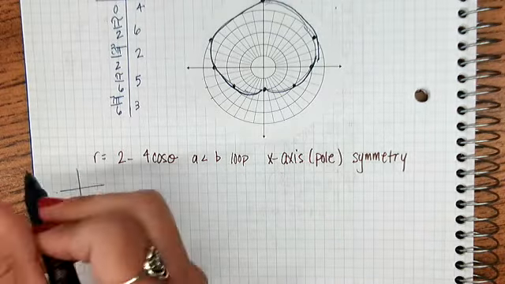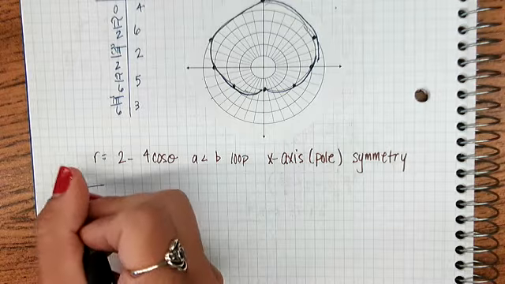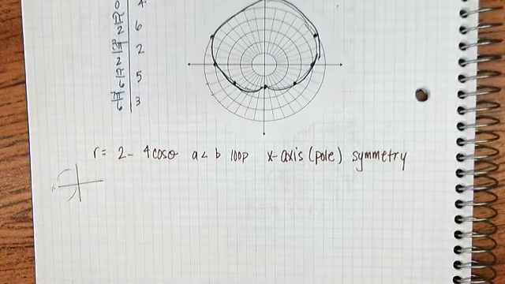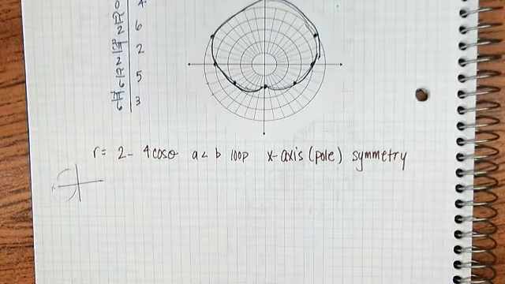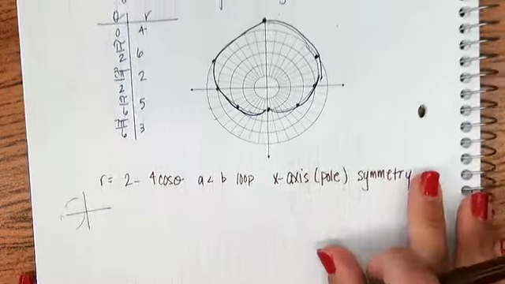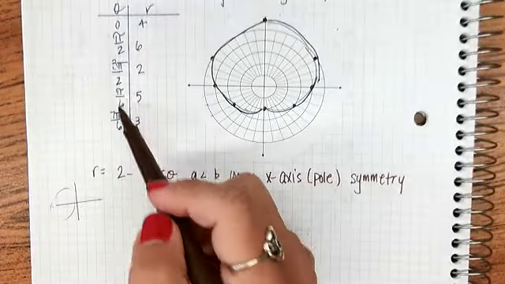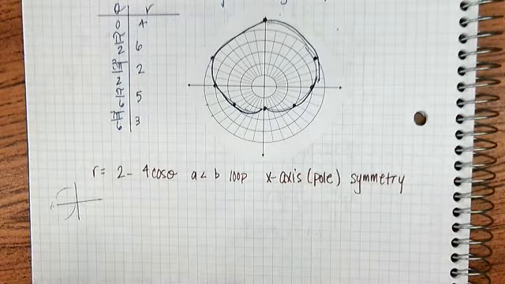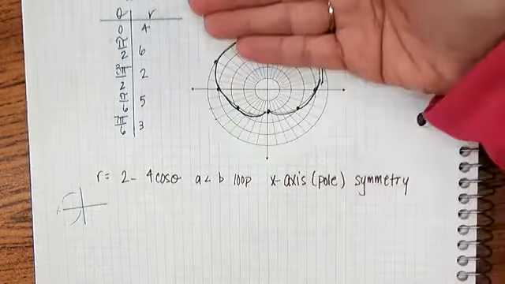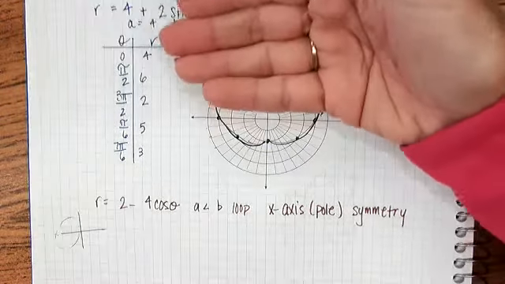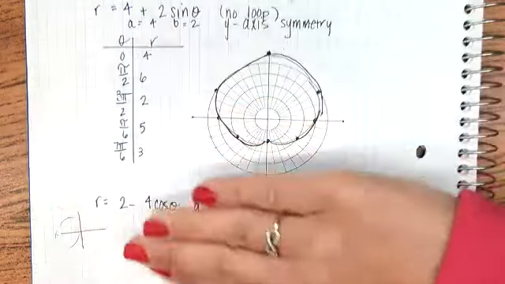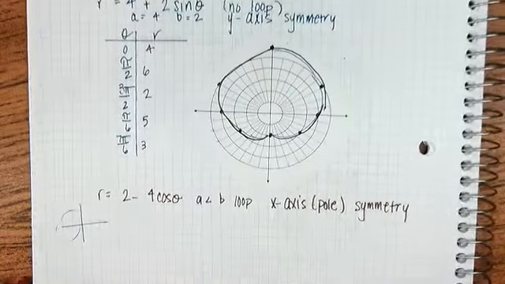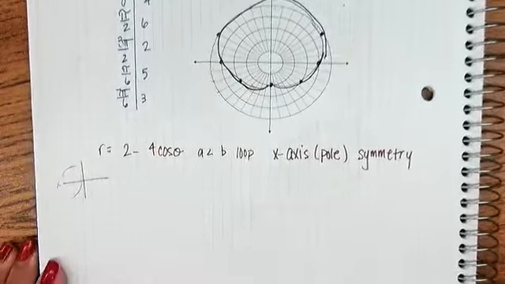So whatever this is, the bulk of the graph is going to be in the second and third quadrants. Just like I did here, I'm not going to plug in 0. I'm not going to plug them all in, because if it has x-axis symmetry, that means pi over 2 and 3 pi over 2 are going to give me the same results.